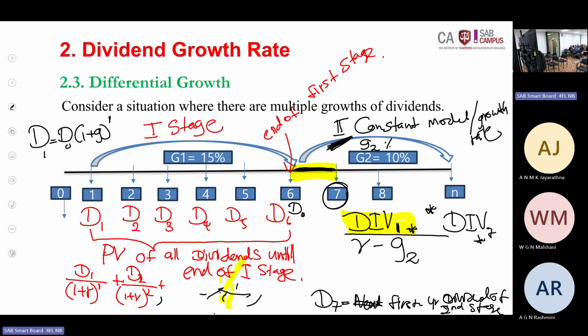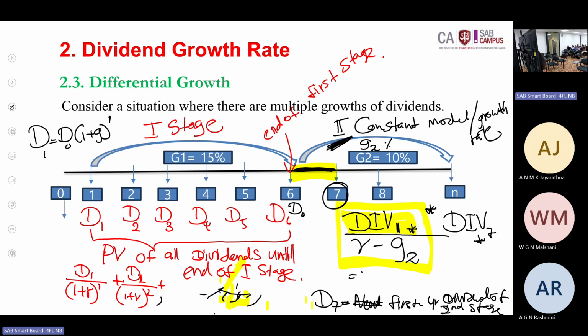So if I am getting a number from this model, it gives us the value for which year? I'm starting the second stage from the 6th year onward, so I'm at the 6th year and I have applied this model and calculated the value.